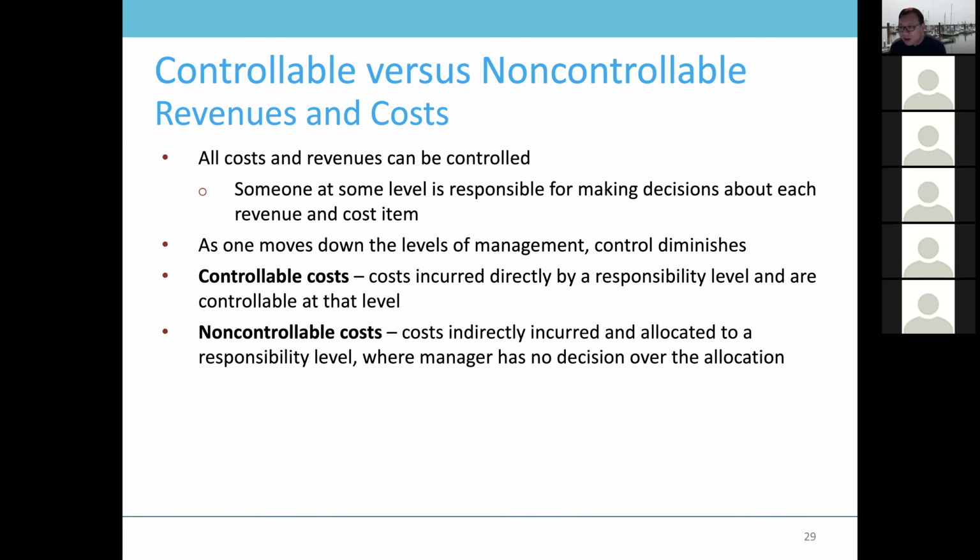The university hires professors, and they already have a collective agreement with the union on what level of professors gets what level of salary. It's predefined. A non-controllable cost is indirectly incurred and allocated to a responsibility level. The managers have no decision over the allocation.